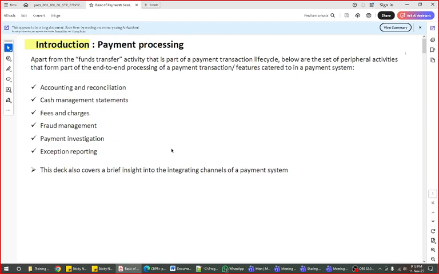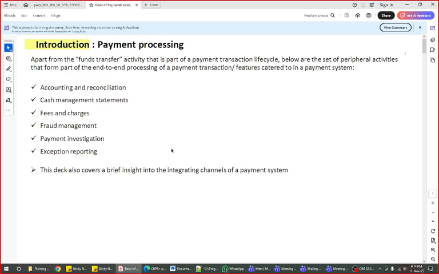Then after doing the investigation, we have to report the exception: the beneficiary's name was not good, or the beneficiary account was closed, or the beneficiary cannot accept more payment. Nowadays, if you are sending payment to a vendor, the UPI limit may be exceeded.